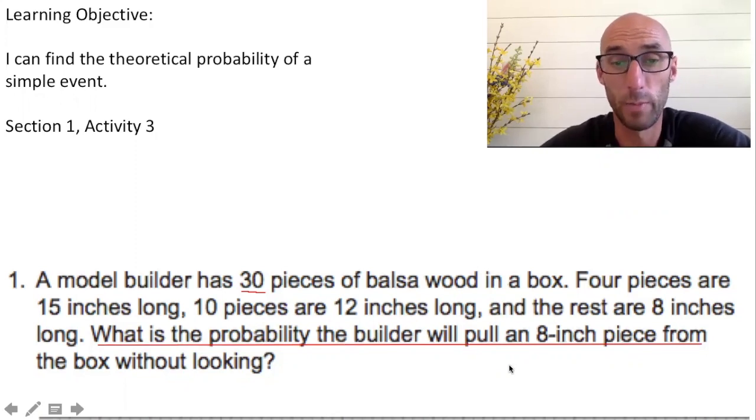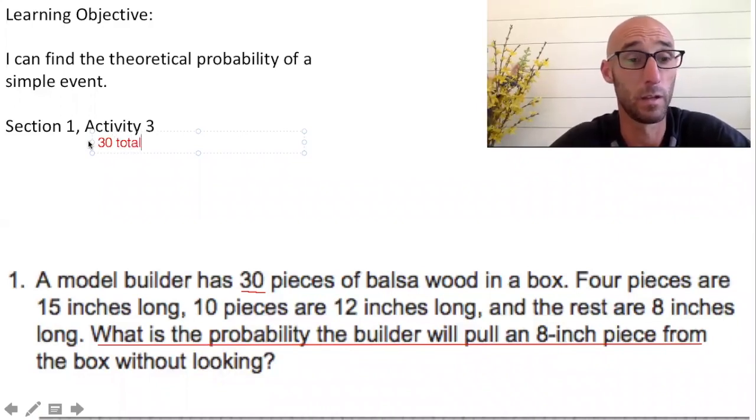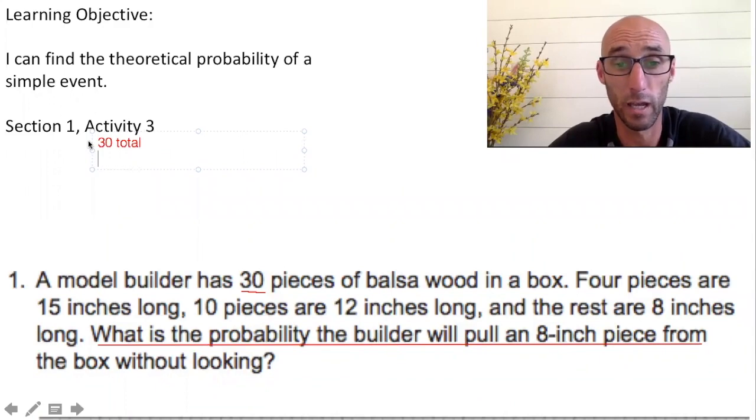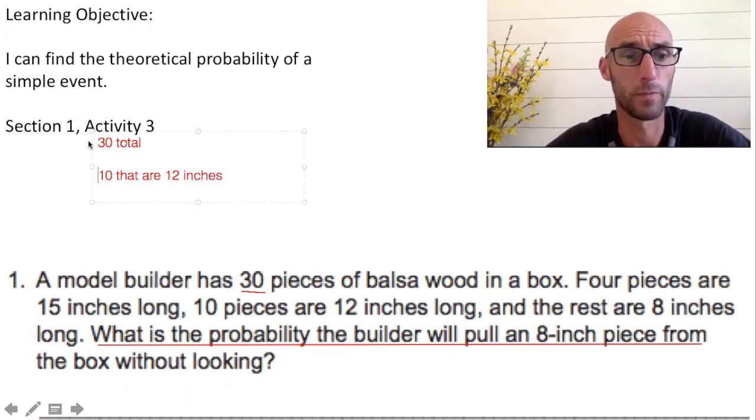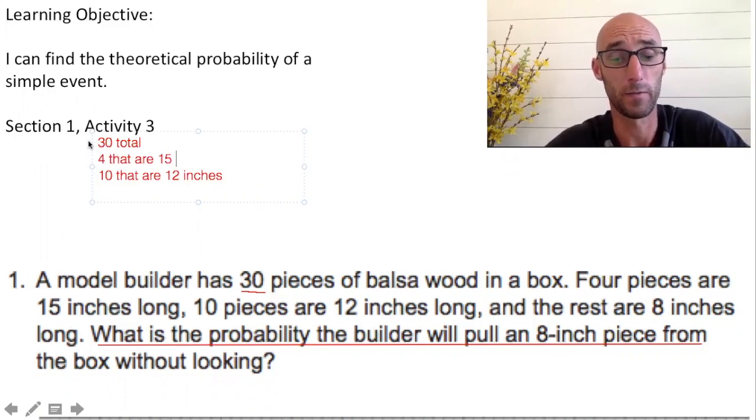Well, how many pieces are 8 inches? Well, we know we had 30 total, and of those 30, we had 10 that are 12 inches. And, oops, excuse me, I skipped that we had 4 that are 15 inches.